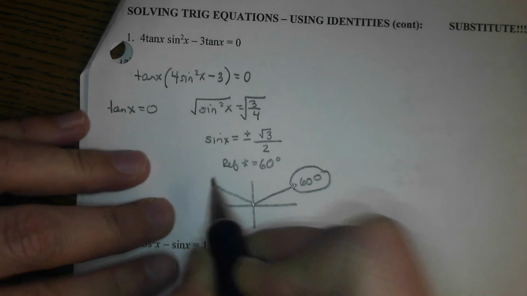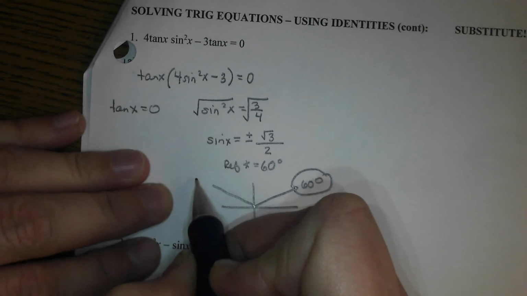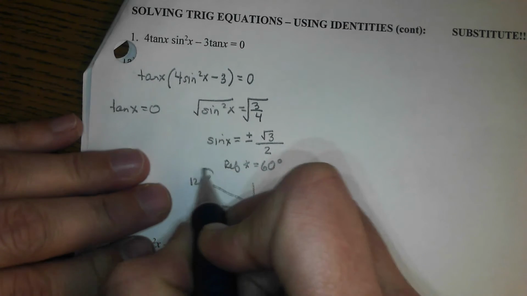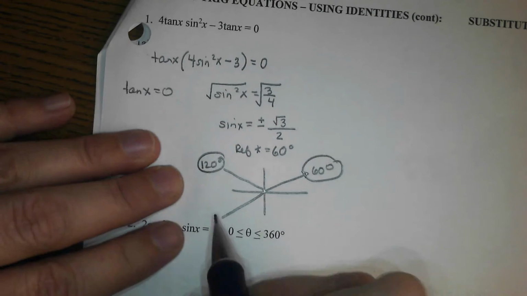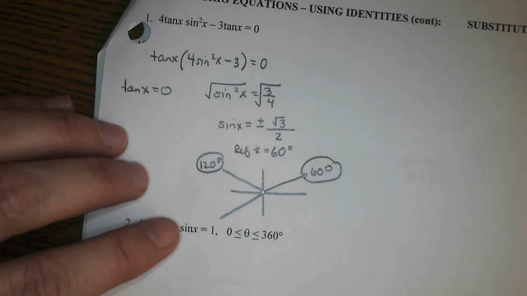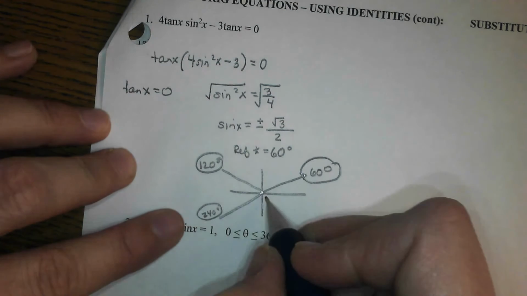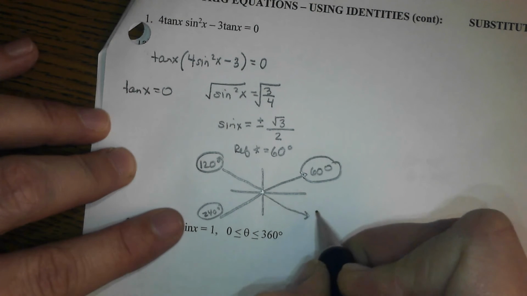In your second quadrant, it will be 120. Good. Third quadrant. And in your fourth quadrant, 300.